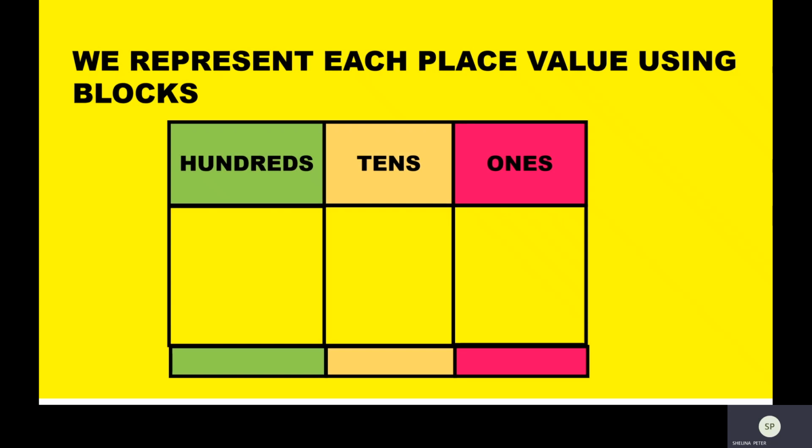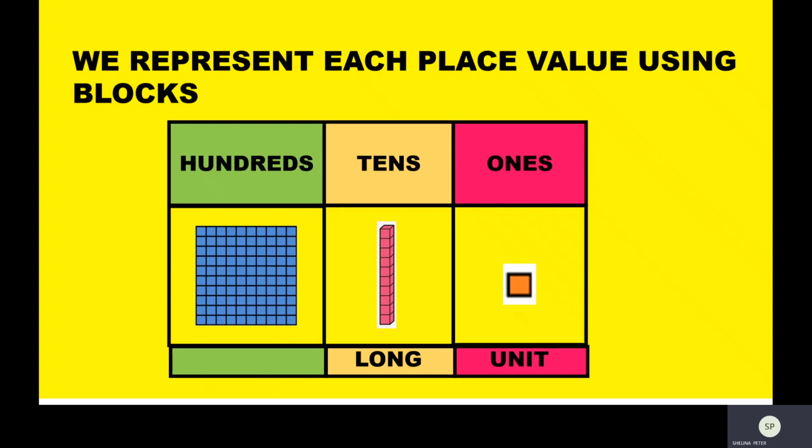Do you remember the name of the blocks? Yes. To represent ones, we use a unit block. To represent tens, we use a long block. And to represent hundreds, we use a flat block.